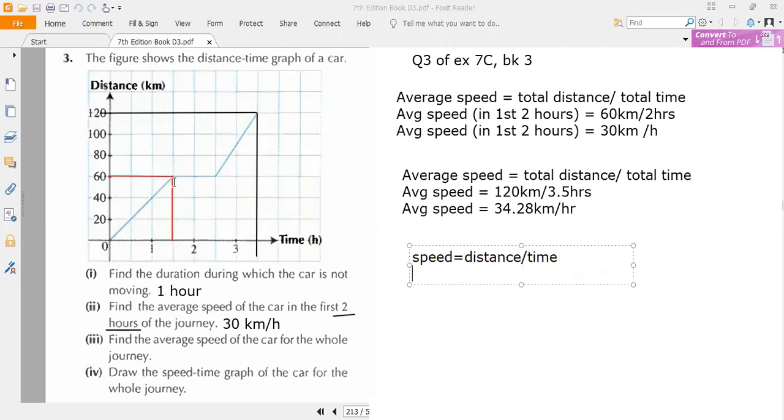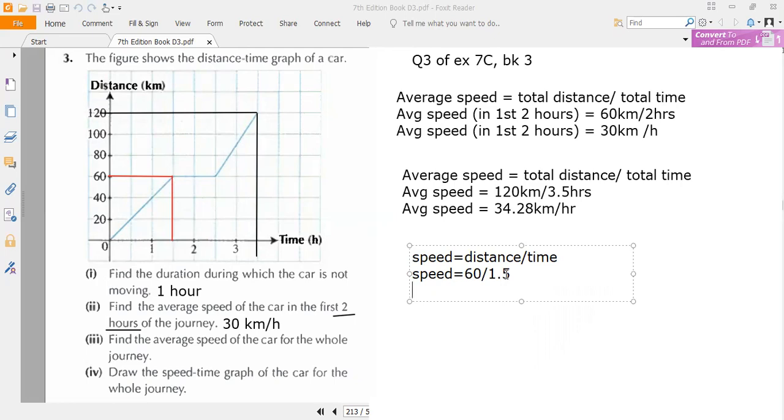The distance covered is 60 kilometers, and the time in which the distance was covered, as you can see from this point, is 1.5. It means 1.5 hours are applied.